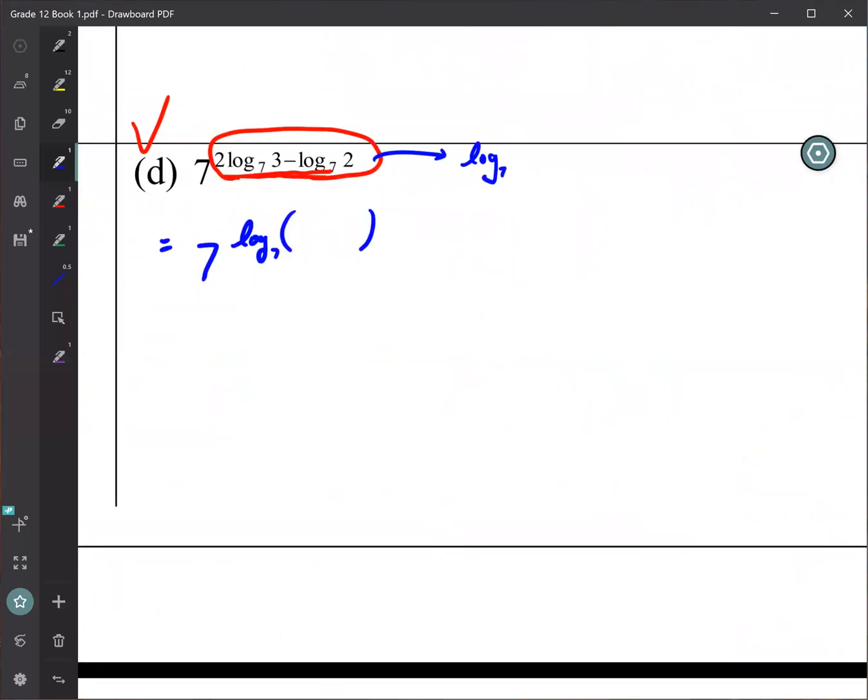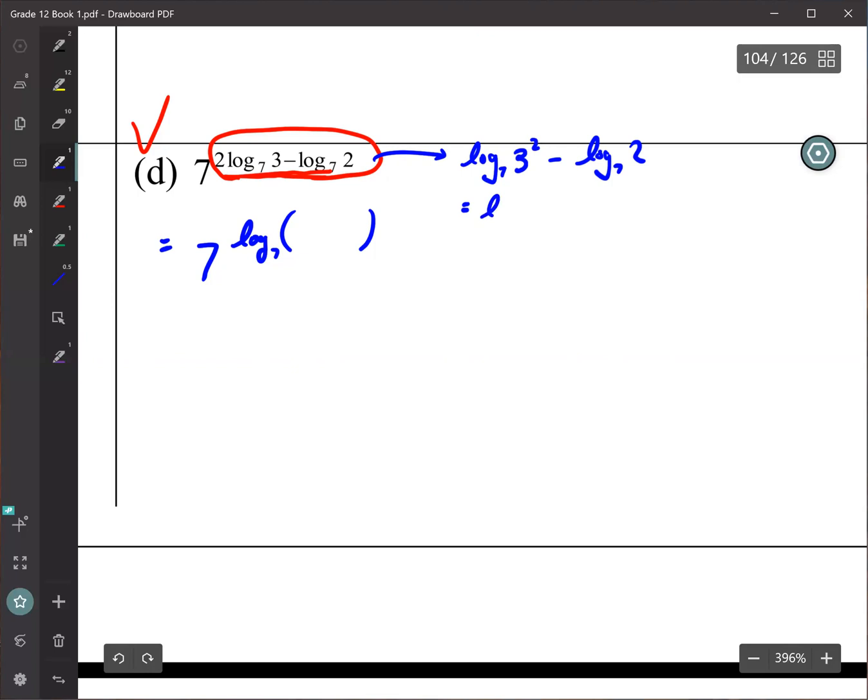So over here, where should we put the 2? Where the 3 is. So 3 to the... 3 squared. Okay, continue. Tell me what to write. Minus log 7, 2. Yeah. And then what do we do next? Log of quotient.